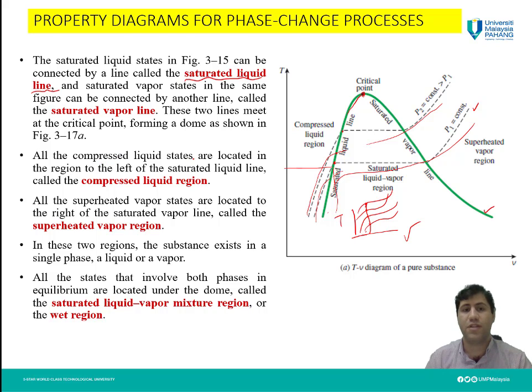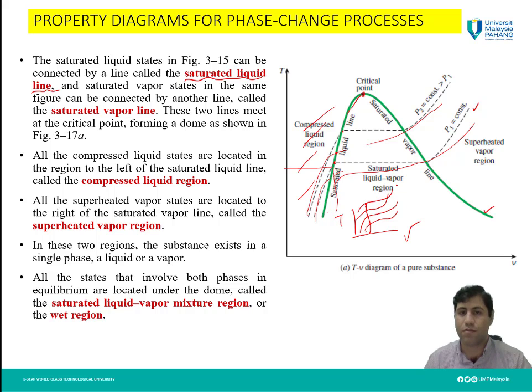All the compressed liquid states are located in the region to the left of the saturated liquid line. So this area is the compressed liquid region, and if the temperature and specific volume of a substance are located in this area, it means the state of that substance is compressed liquid. And if it is located at the right side of the saturated vapor line, it means it is in the superheated vapor region.